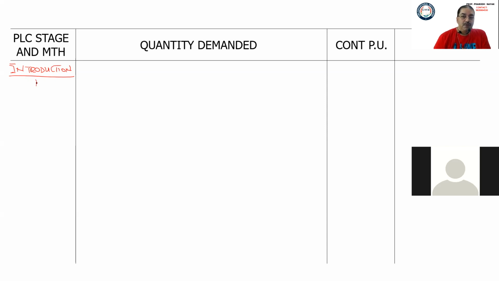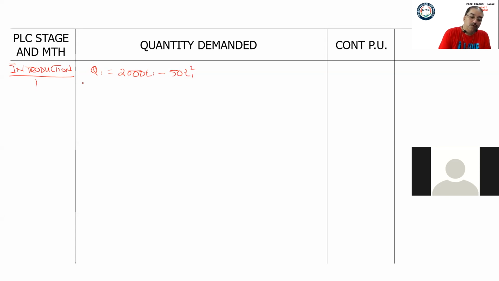What is the equation? Equation is Q1 = 2000 T1 - 50 T1 square. This is your equation. What is T over here? 1. Substitute.